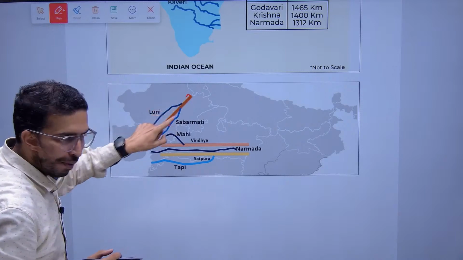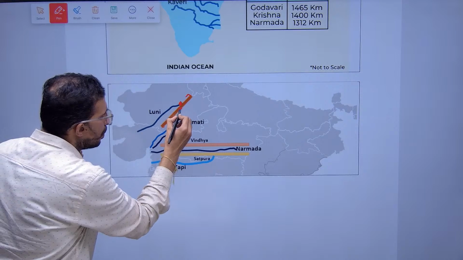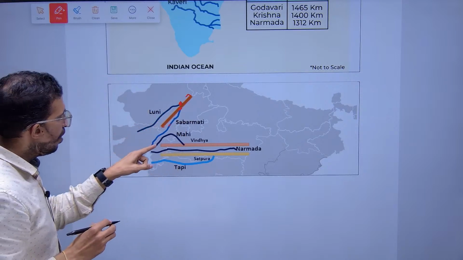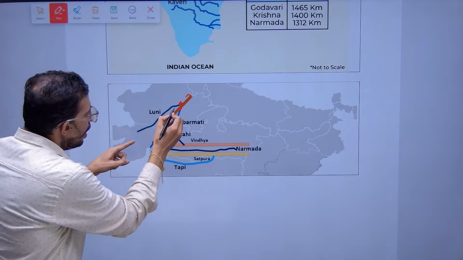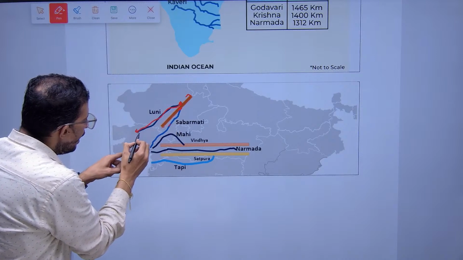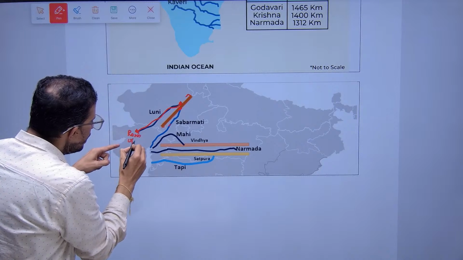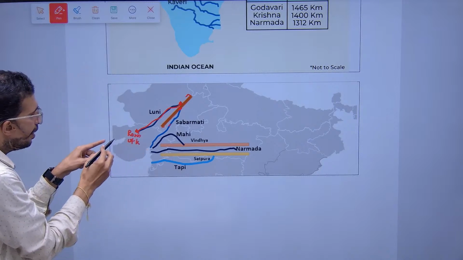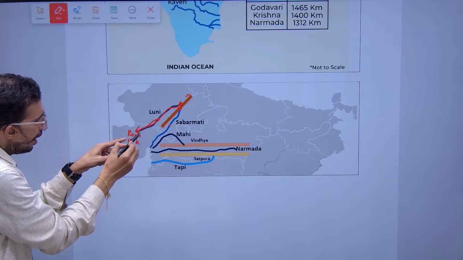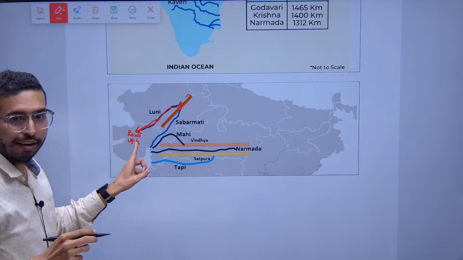This orange strip is known as the Aravalli ranges, where the Luni originates and the Sabarmati originates. Yes, that is clear. But what about its path? If we see the Luni river, it has its end over here, that is the Rann of Kutch. It does not drain into the Gulf of Kutch. It travels or ends its path in this region, in this desert.